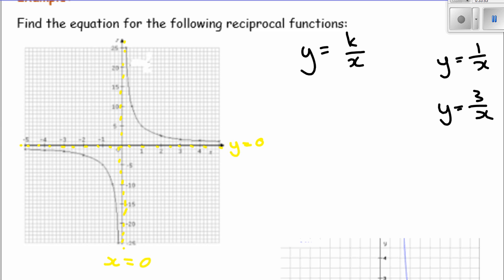Let's sub in 1 and 5 and see what happens. We can plug in x and y to find out what k would be. So is k just 1? Is it a different number?